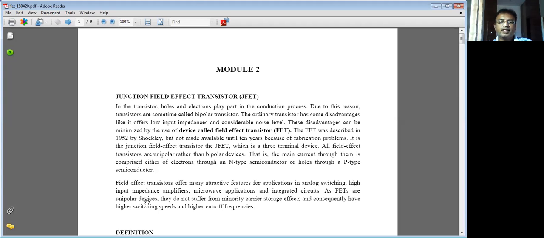I repeat, the current flowing through the FET is due to either electrons or holes, but not both. But in the bipolar junction transistor, current conduction is due to both electrons and holes. So remember, FET is a unipolar device.